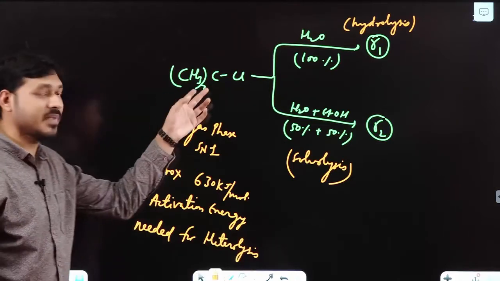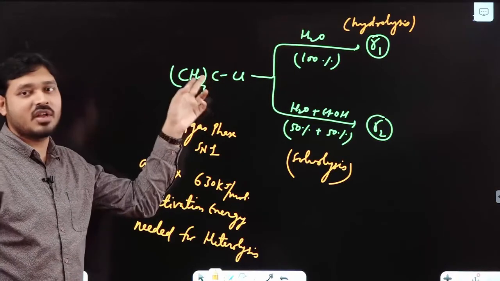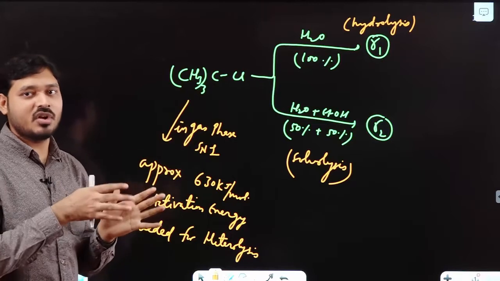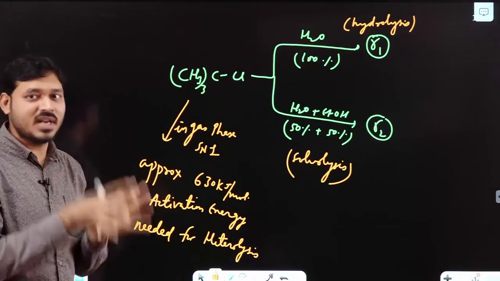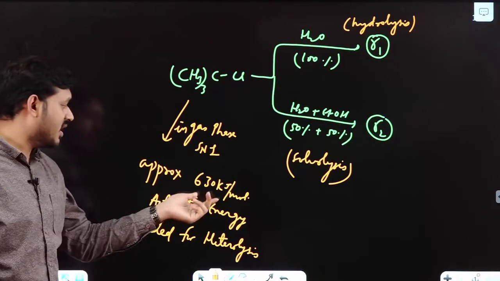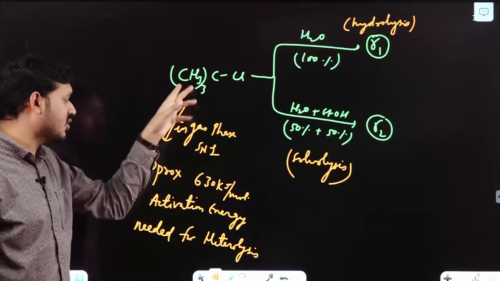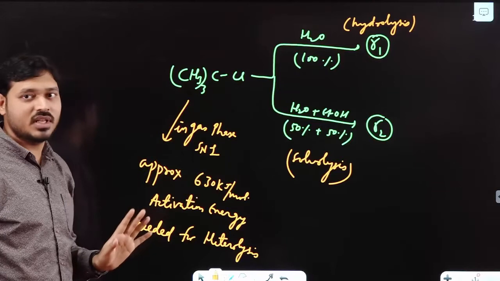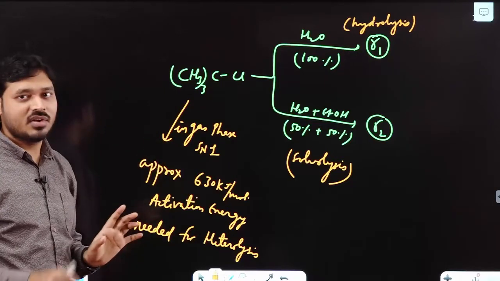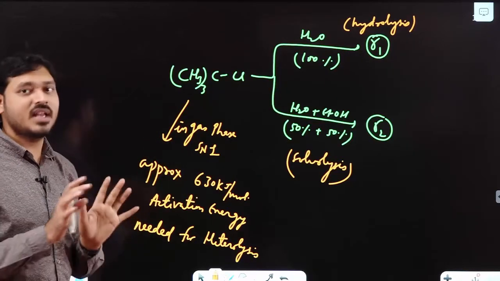Remember, the first step is the slowest step where bond breaking occurs, and definitely bond breaking requires energy. That activation energy, bond breaking energy or bond dissociation energy, is 630 kilojoule per mole needed for heterolysis. In gas phase I am telling, it is very, very high.